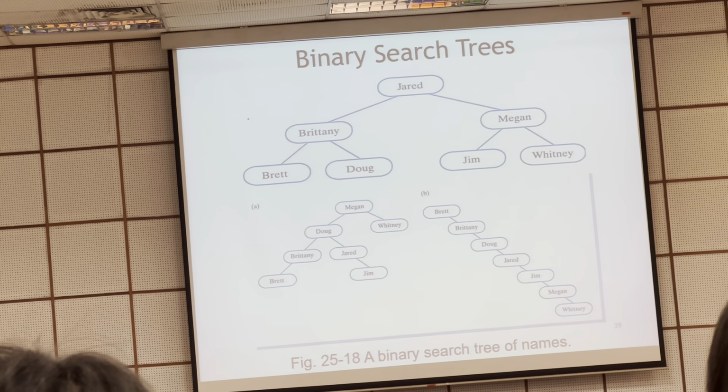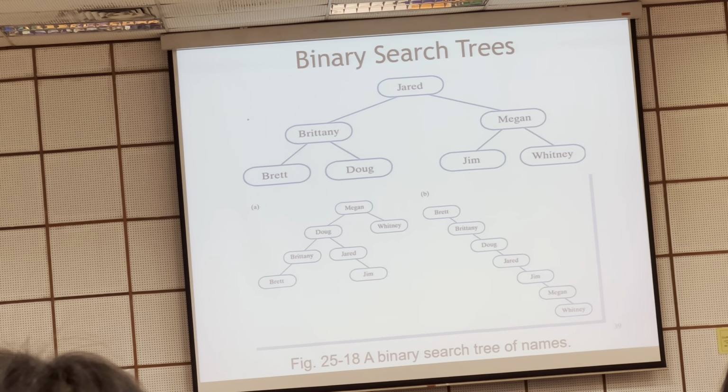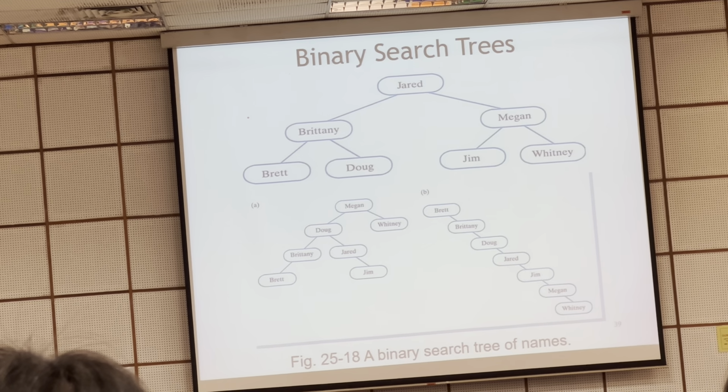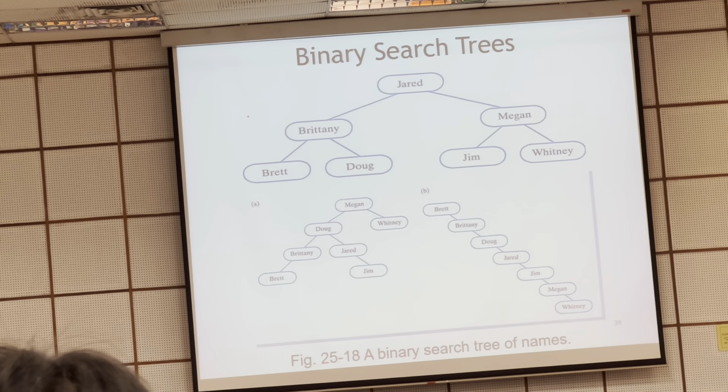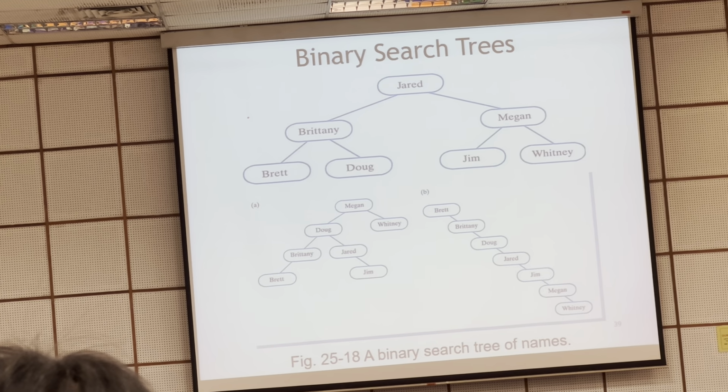I have Jared. Now if you take a look at the left subtree, all the starting alphabets are lesser than Jared, and on the right is all bigger, or after J. So in order to have a binary search tree, we have to make sure our data are arranged accordingly.